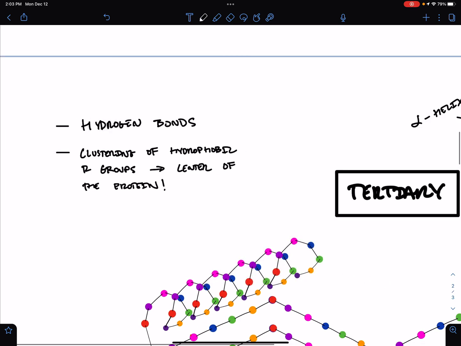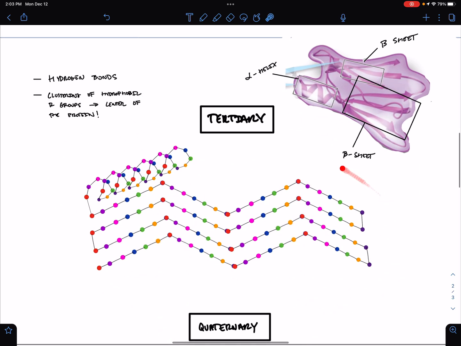And the reason why the hydrophobic R groups are often found at the center of the protein is that all of these proteins are living in aqueous solution inside cells. That means they're living in a watery solution.